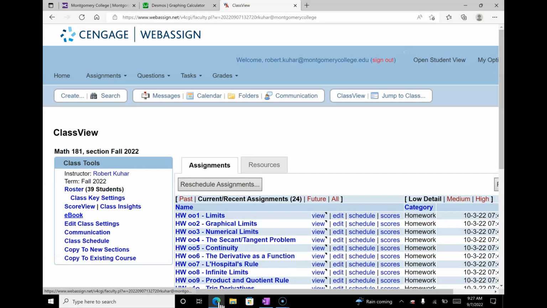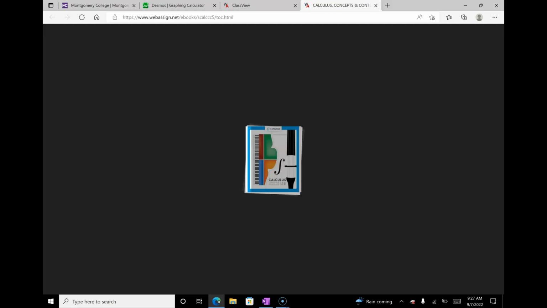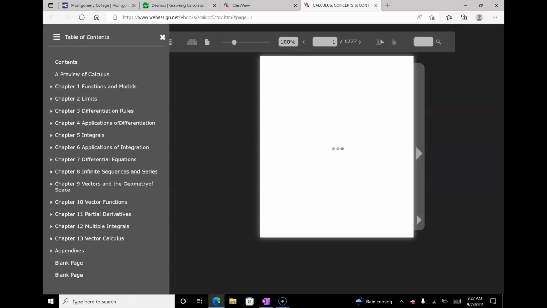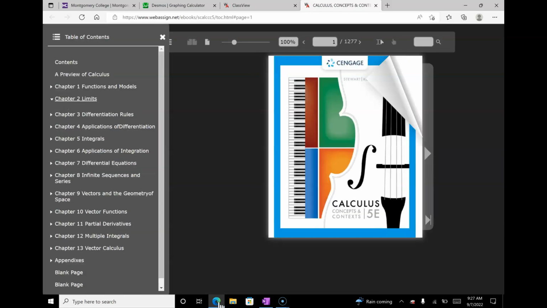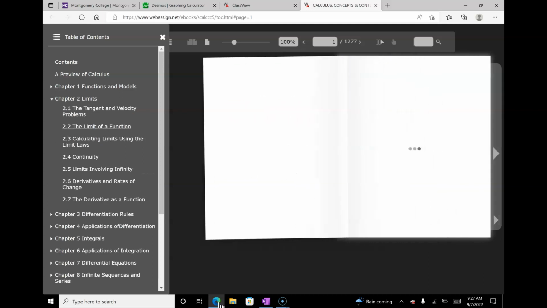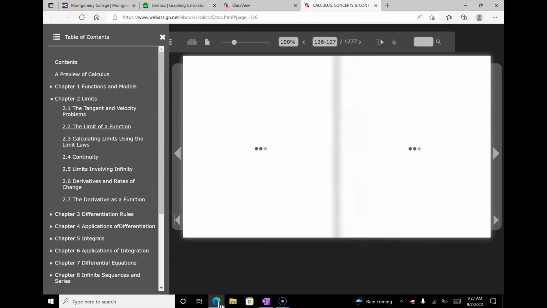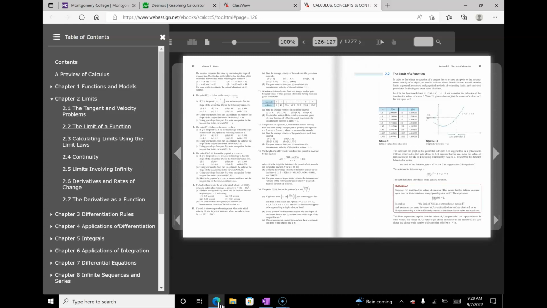Okay, here's our book. So for our first homework assignment, due Monday, in section 2.1, I think I had given you suggested problems up to 9 or 7. What was it? Up to 9?